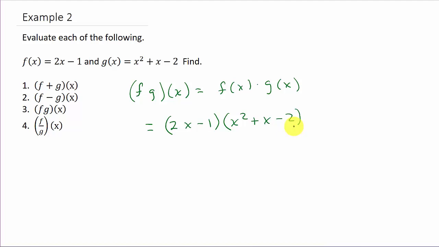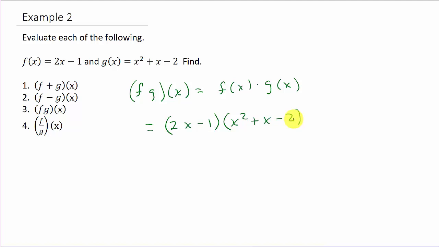Alright, so do you remember how to multiply a binomial and a trinomial? Well, all we do is we take this term, the 2x, and multiply it times each term, and then we take the minus 1 and multiply it by each term. And that's how we're going to do this one.